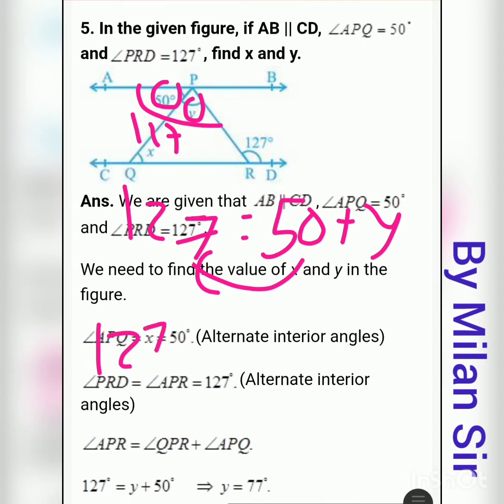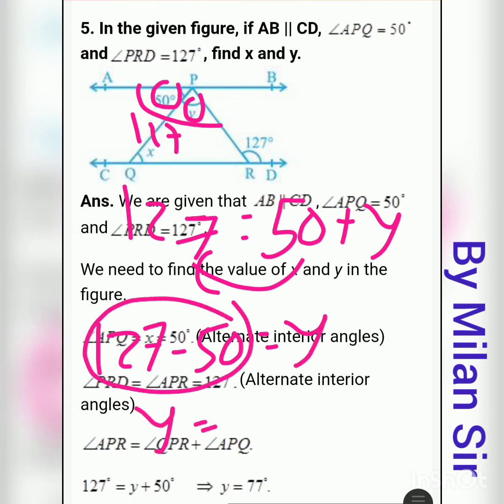So 127 minus 50 is equal to y. So y is equal to 127 minus 50. 127 minus 50, so here 7 and 7, so 7. So from here we will get the value of y, it is 77 degree.